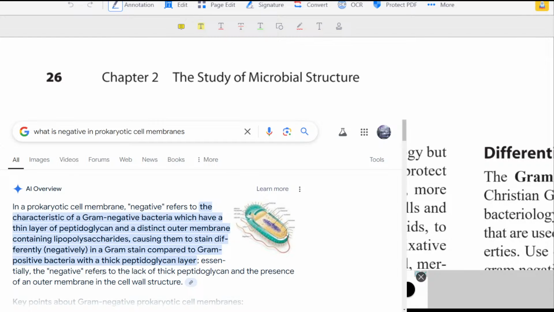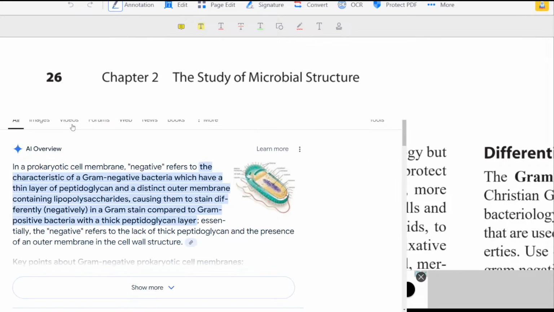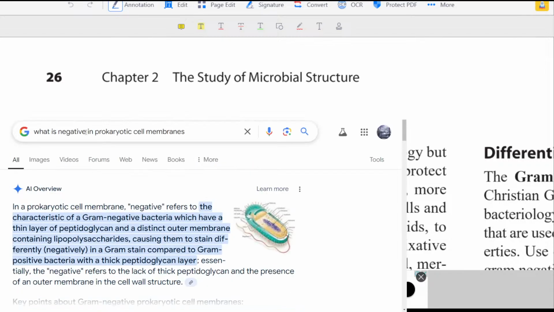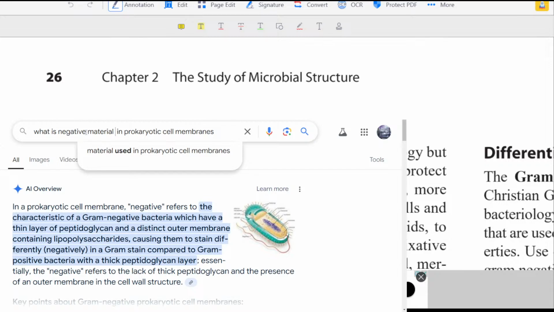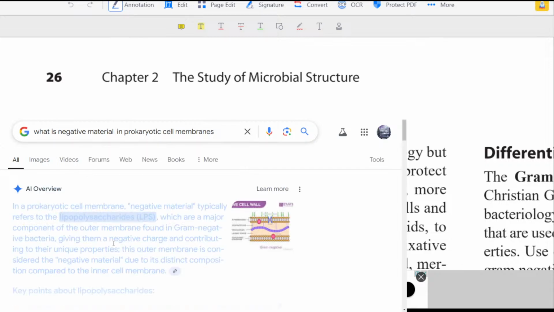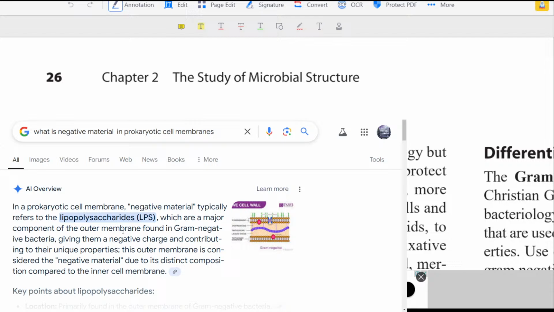No, I wasn't talking about this. I'm saying, what is the negative material? Ah, okay. Alright. The lipopolysaccharides are actually negative.